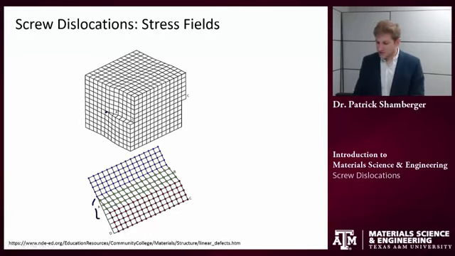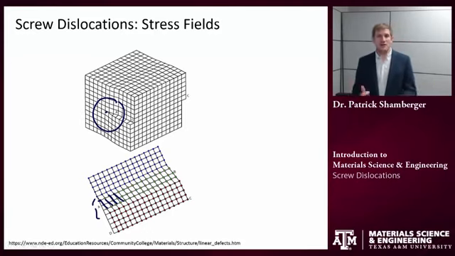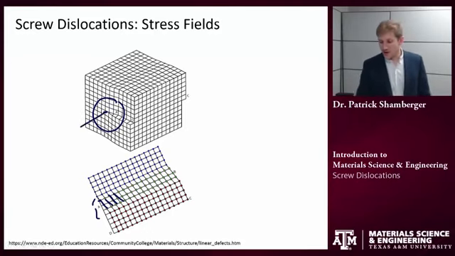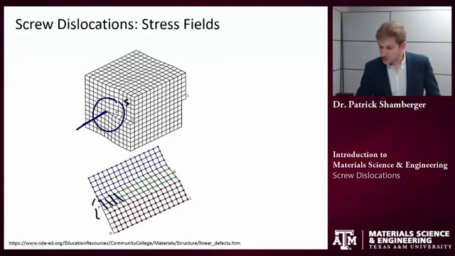We're looking at one specific plane, and we see shear between the top and bottom plane. But in reality, that shear decreases radially away from the dislocation itself. So remember, the dislocation is a line, and the shear will decrease radially away from the line. So a screw dislocation is pure shear.